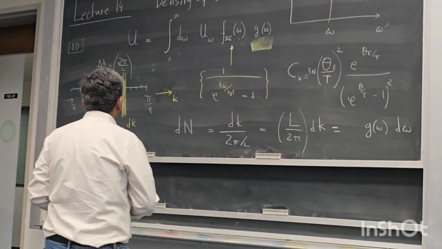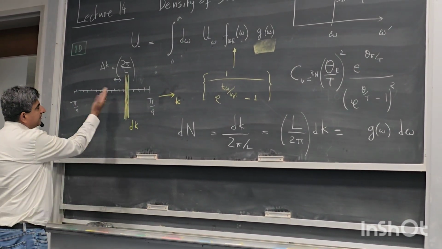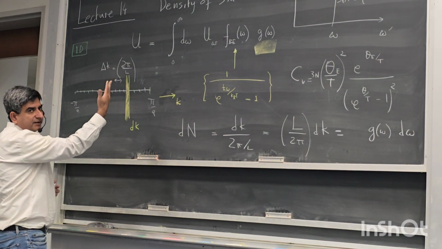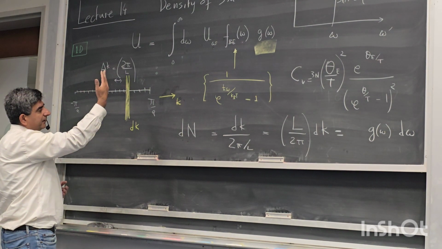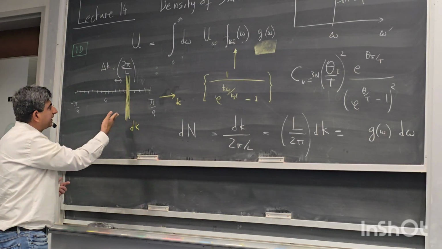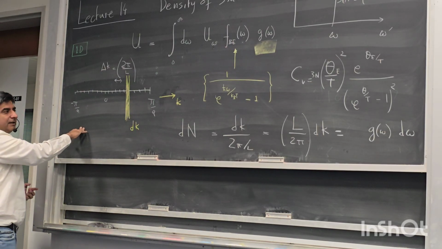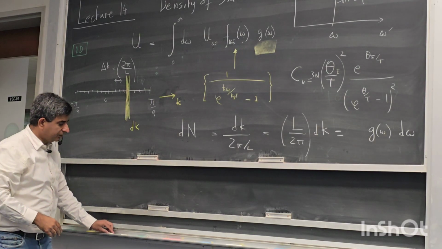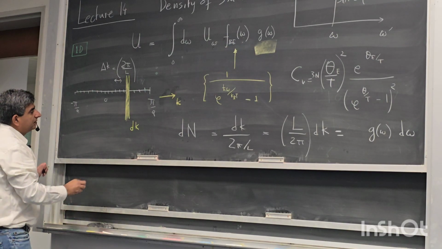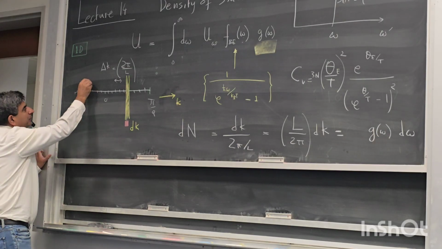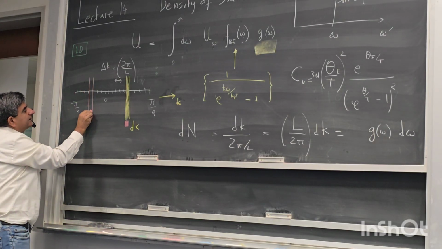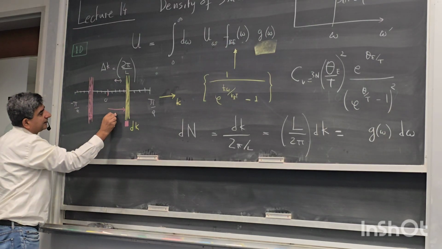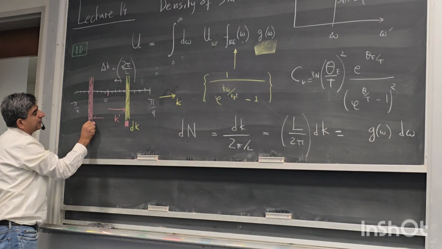But we also notice one more thing. This is a symmetric function, but omega goes from 0 to infinity technically, or 0 to some upper value. So it's always positive, but k can be positive or negative. So g omega is really picking up k's from here as well as from the symmetrically opposite section which exists at, if this is k prime, minus k prime.